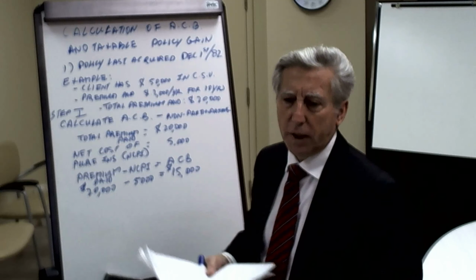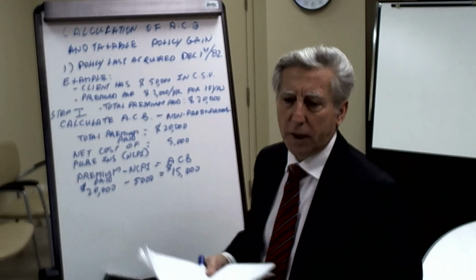So the total premiums paid throughout that 10 years, as I said, was $20,000. And since December the 1st, 82 onwards, what Ottawa has basically said is that not only did you pay a premium, but during that particular period of time, we actually insured you for whatever that amount was. It could be $250,000 to cover.